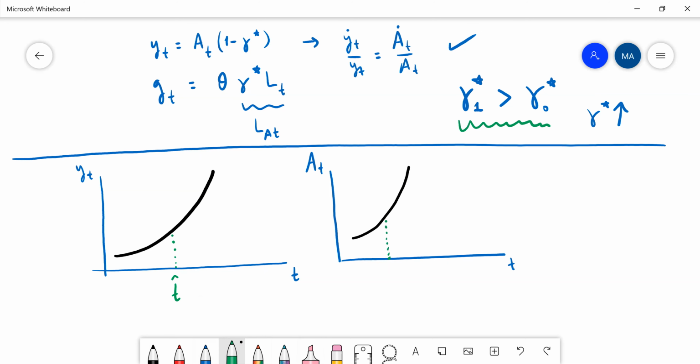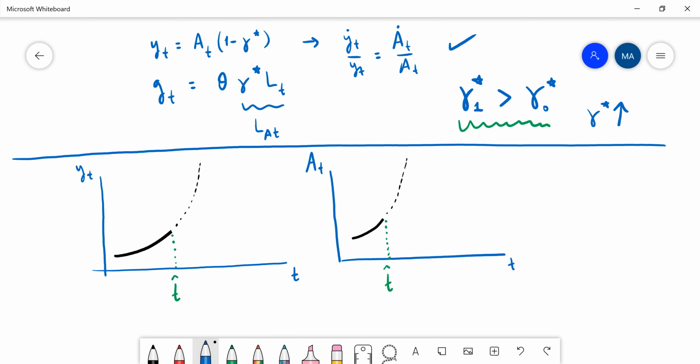Let's say T hat. So how does this whole thing change? Any ideas? Well, the idea is this. Obviously, since gamma is larger, the growth rate will be faster, right?